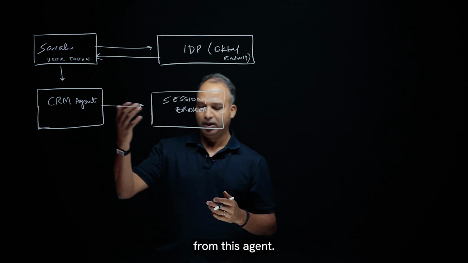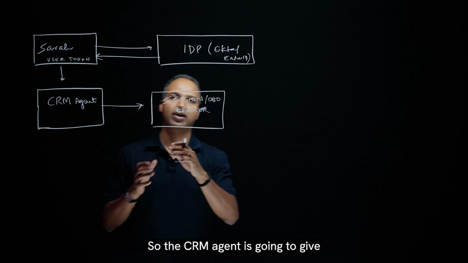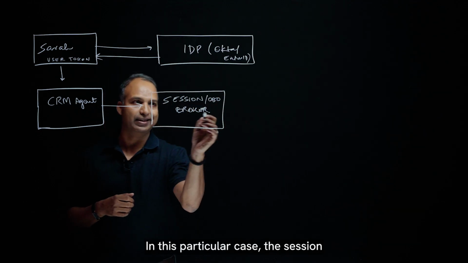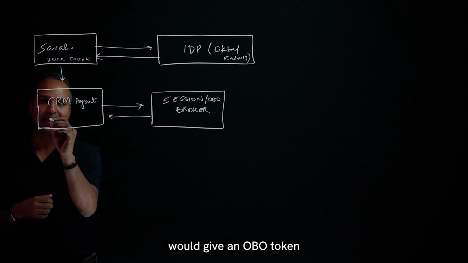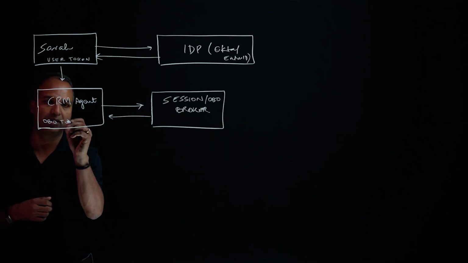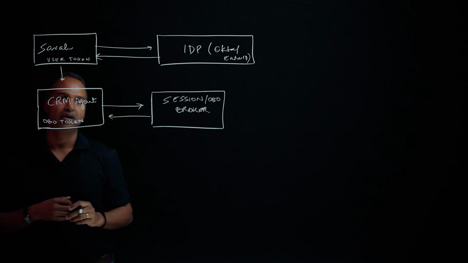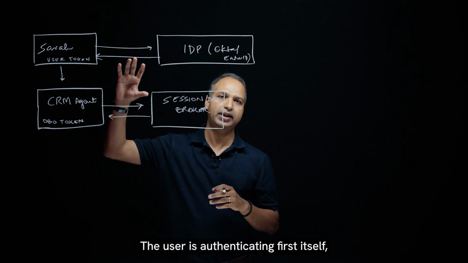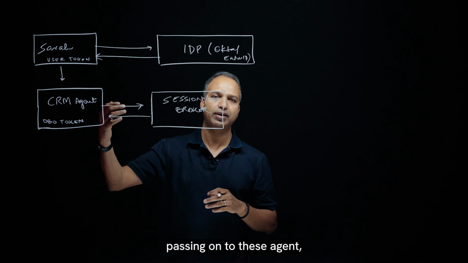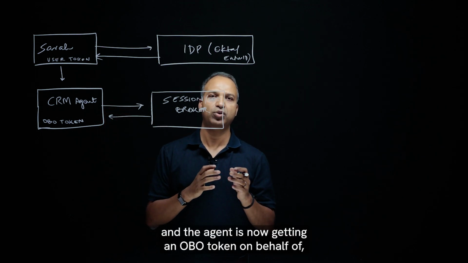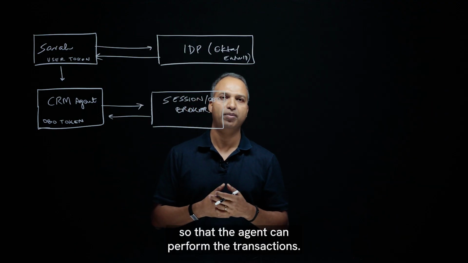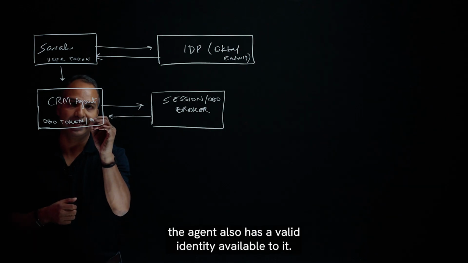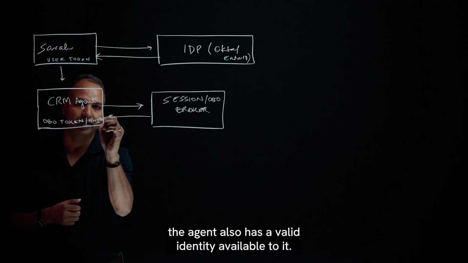So the CRM agent starts what we call an on-behalf-of exchange process. In this particular case, the session or on-behalf-of broker would give an OBO token to the CRM agent. Very simple, very easy set of steps. The user authenticates first, passes on to the agent, and the agent now gets an OBO token on behalf of, so that the agent can perform the transactions. In this case, the agent also has a valid identity available to it.